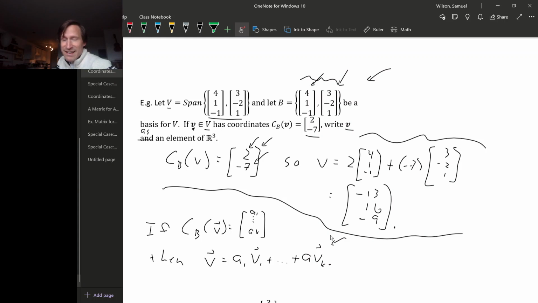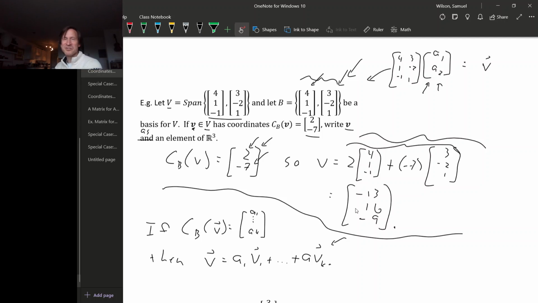Going back to this particular example, one way to rephrase this is that this is just the matrix whose columns are the basis vectors times the coordinates that we started with, and that produces v. It's sort of amusing how no matter what different concepts you come up with in linear algebra, everything comes down to writing down some sort of vector equation like this.